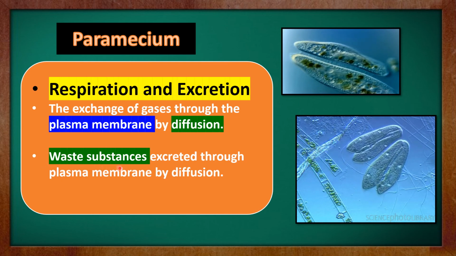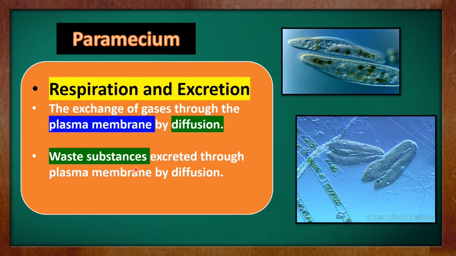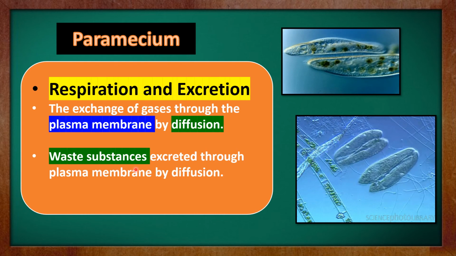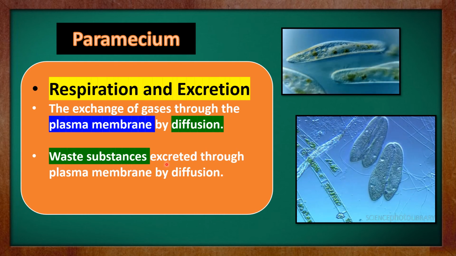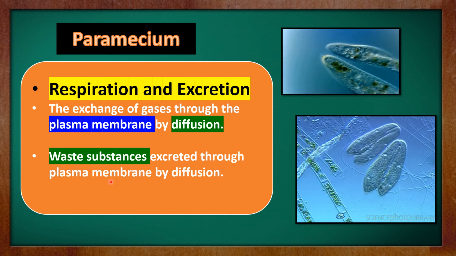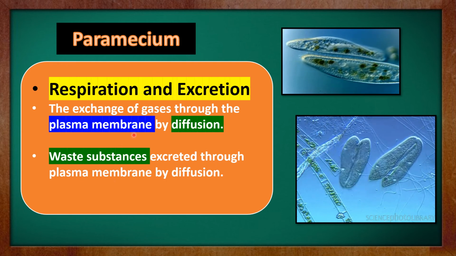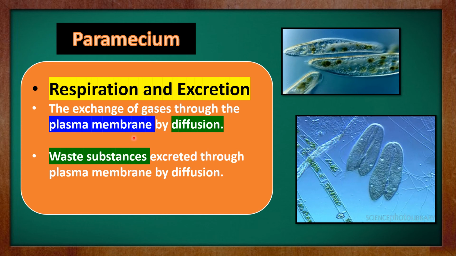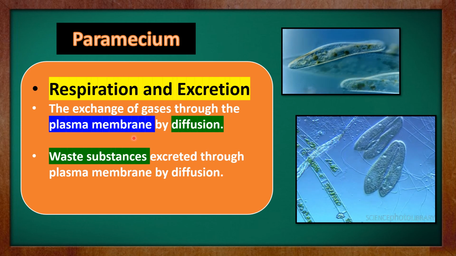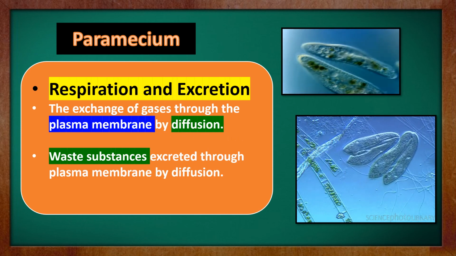Waste substances, that is what we call excretion, meaning getting rid of waste from the body, are excreted through the plasma membrane by diffusion also. The plasma membrane, or cell membrane, is where substances go in and out of the cell.